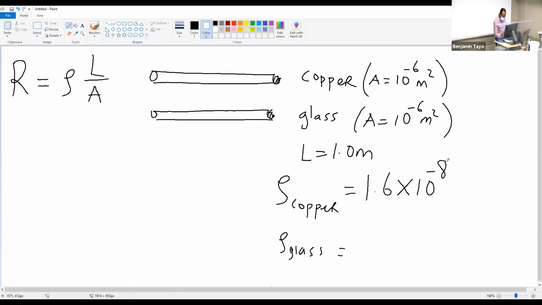And this is in a unit that is called ohm times meter. For glass, the value is about, let's just say, 10 to the power 10.